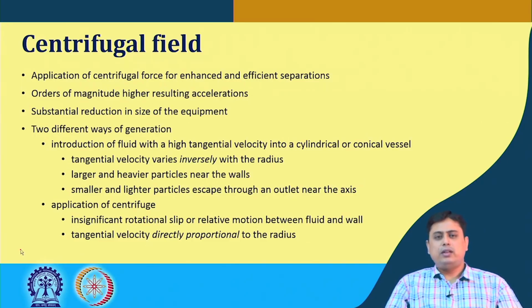This centrifugal field can be generated in two ways. One way is to introduce a fluid with a very high tangential velocity into a cylindrical or conical vessel. It creates a vortex, and if we do some mathematics on the flow pattern, we see that the tangential velocity varies inversely with the radius of the vessel.